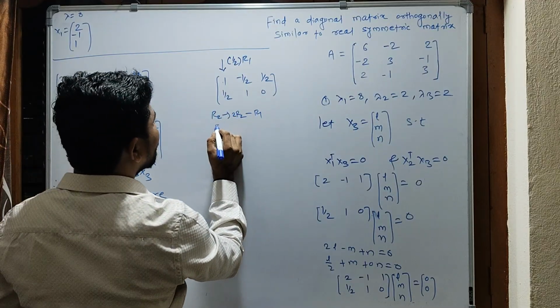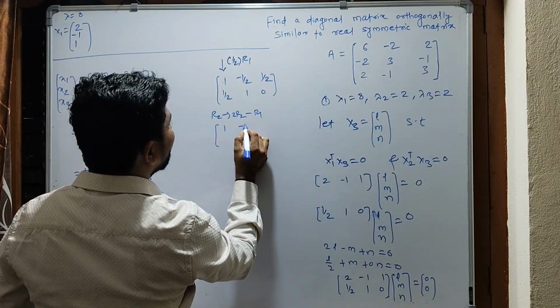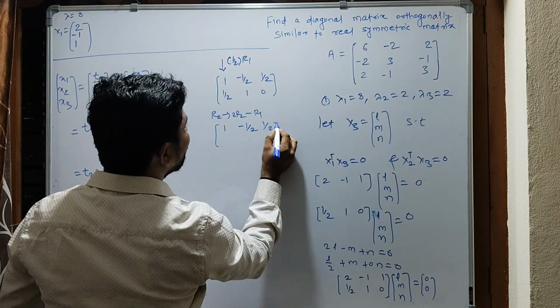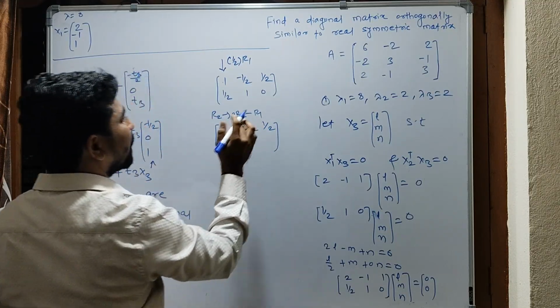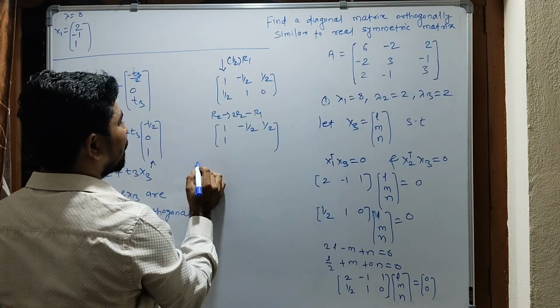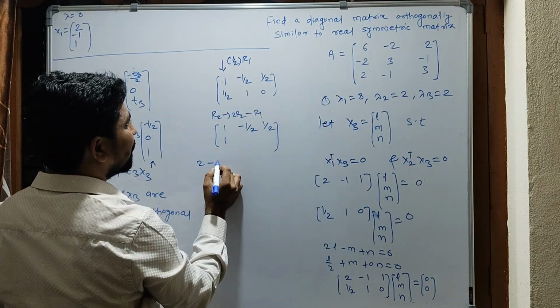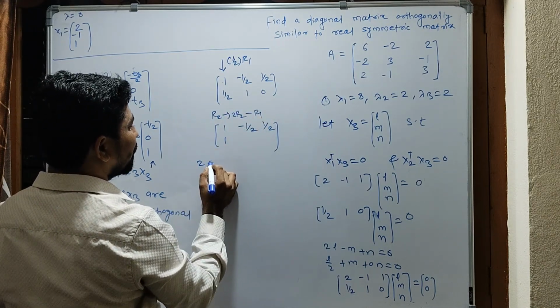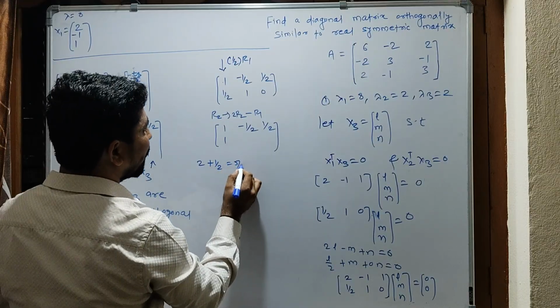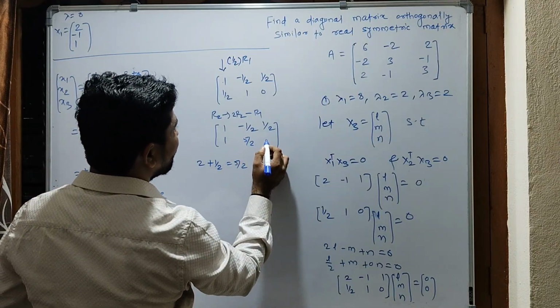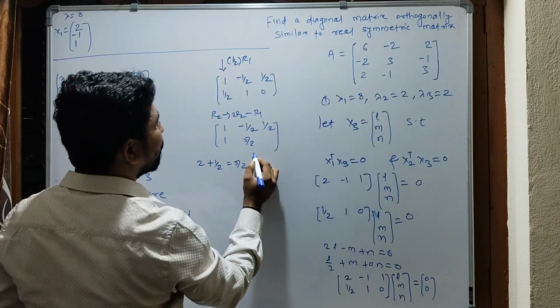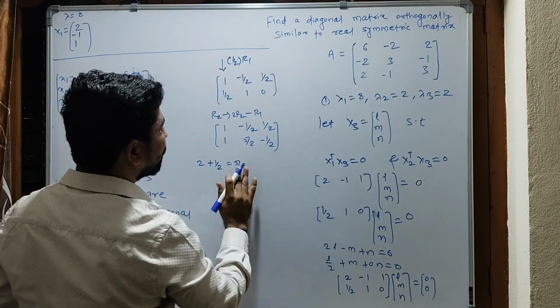So 1 minus 1 becomes 0, then 2 minus minus 1 by 2 gives 5 by 2, and 0 minus 1 by 2 is minus 1 by 2.